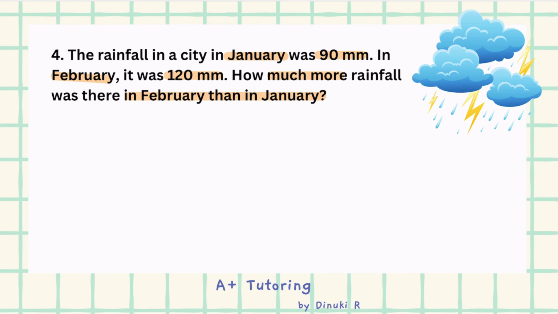Okay, interesting terms being used here. When we think about what the question's asking us to figure out, words like "much more" and "than" should make you instantly think of a comparison. We're comparing two things. If someone's asking us how much more something is, it means, for example, the rainfall in January is lower than the rainfall in February.